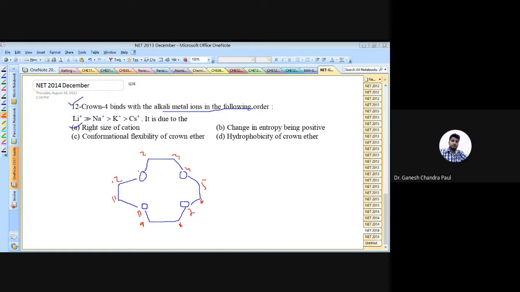So yes, it is 12 crown 4 ether. So the binding affinity of lithium ion to this particular ether is higher, and this sort of binding basically depends on the right size of the cation as well as the cavity size of this particular cyclic ether. Okay, so option A is the correct answer.